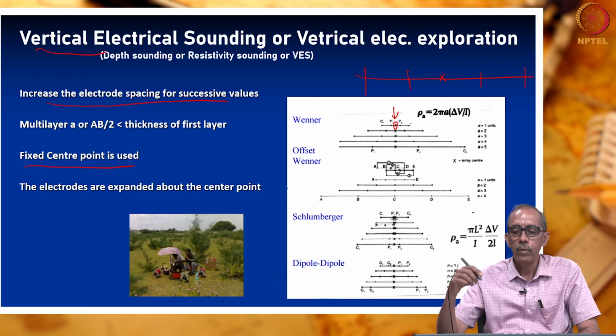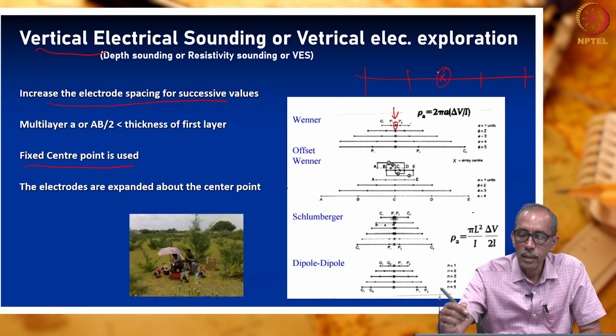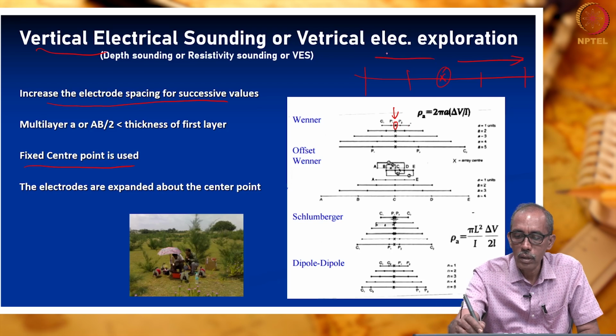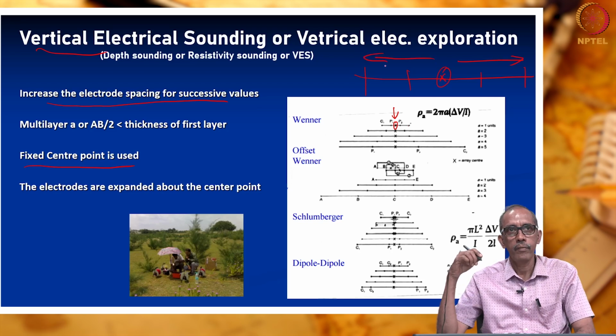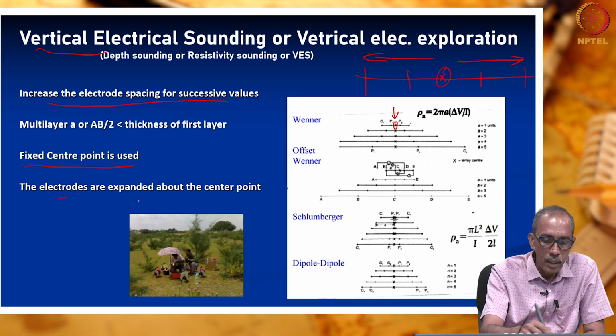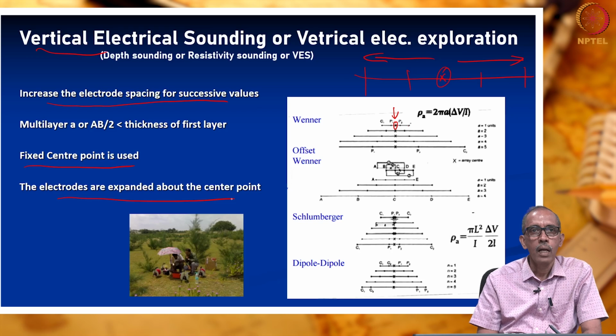This is how the center point remained the same, but we progressively shift the electrodes symmetrically on either side. So, we try to understand the lithological variation in the vertical direction below the surface. That is what I have written here: electrodes are expanded about the center point.